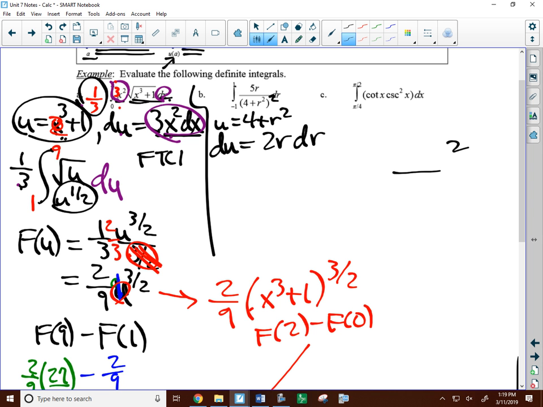Okay, do we have a 2r dr up here? We have an r dr, and it's 5, so that isn't great, but we can get a 2, and then we'll incorporate the 5 as well. We can manufacture a 2, that's what we want, and then immediately cancel it out with a 1/2.